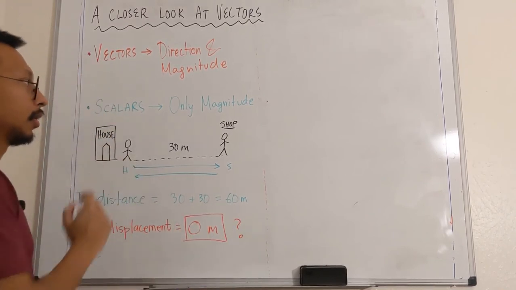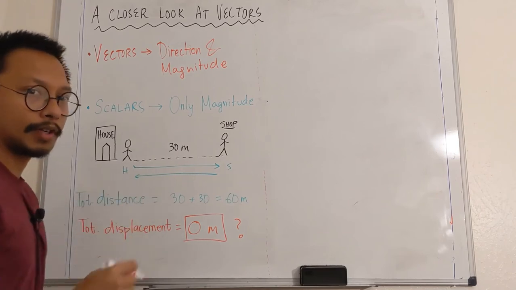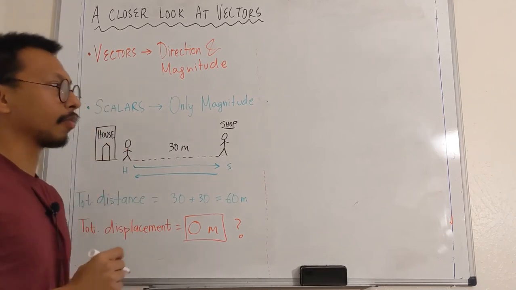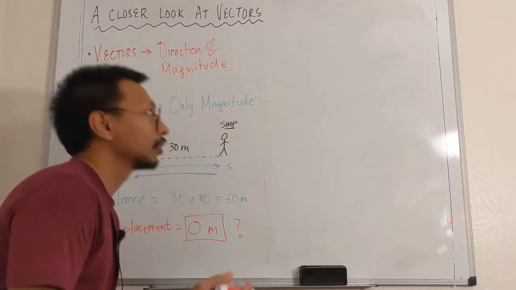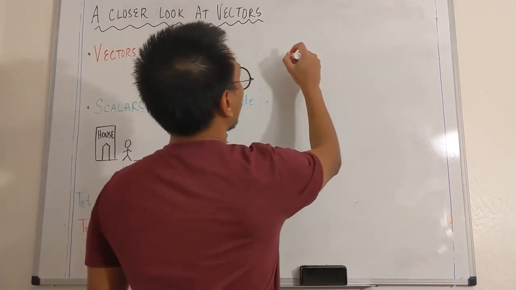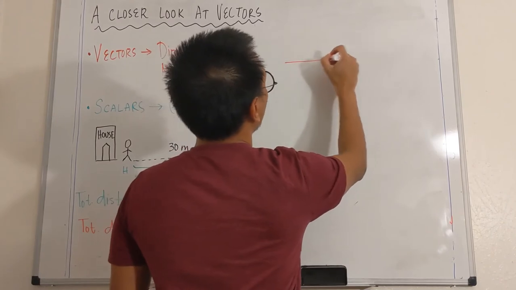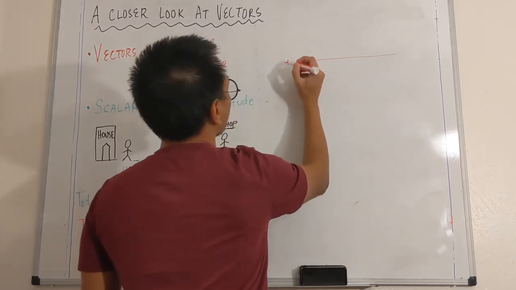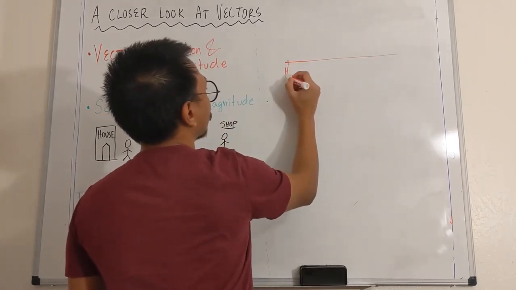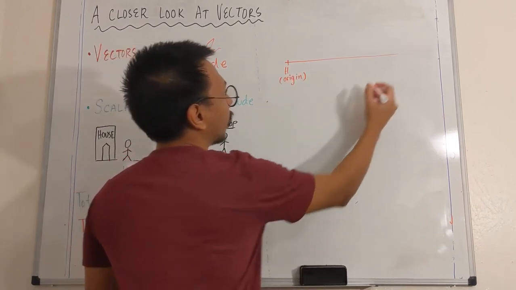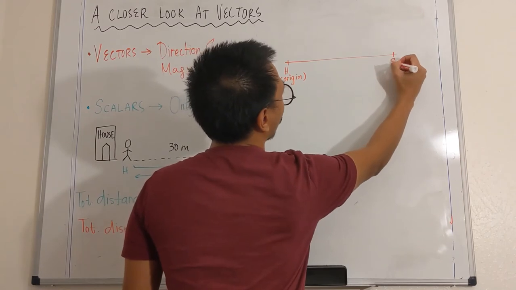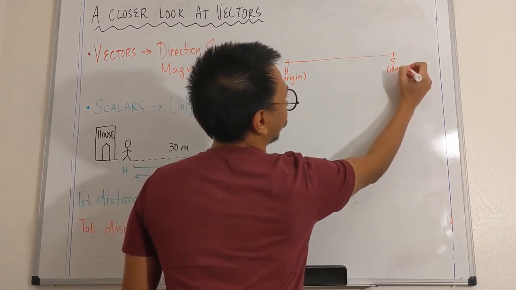Why? Because with vectors, directions are important, and directions can be denoted in multiple ways. So let's say we have a coordinate system that goes from your house, which is here, which is the origin of your motion, to the shop, which is your destination.